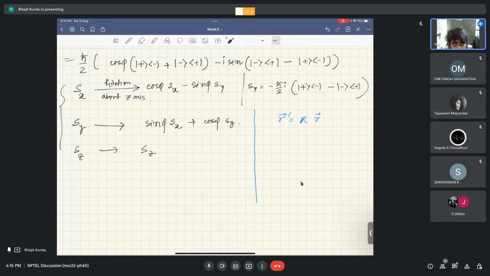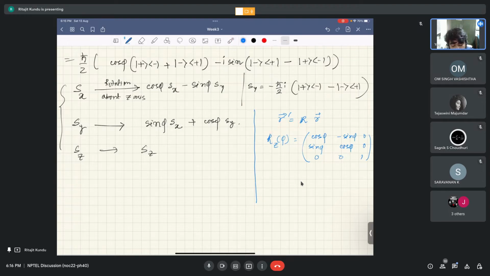So for rotations about the z axis by this amount phi, you can write it in terms of cosine phi, minus sine phi, sine phi, cosine phi, 0 0 1 0 0. So this is how you write the rotation matrix. So you apply this rotation matrix to this vector.